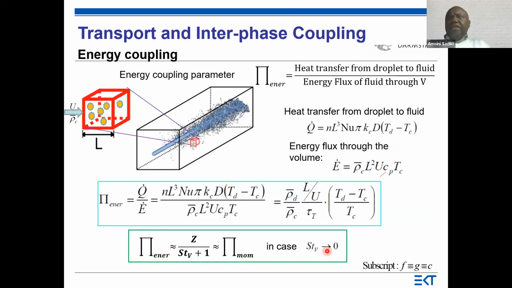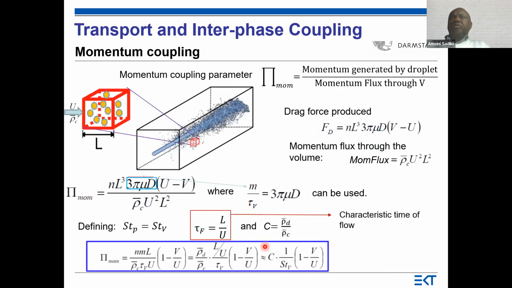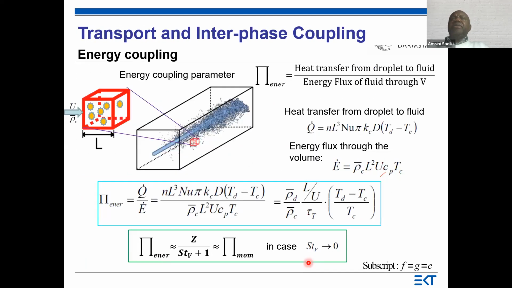And this is in the case where the Stokes number goes to very, very small, as we did in this case. This is an expression for this case, but in the general case, we have this expression here. So in the general case also we get this expression here, but for the Stokes number going to very, very small, we get that there is a proportionality between these two, and they are approximately the same.